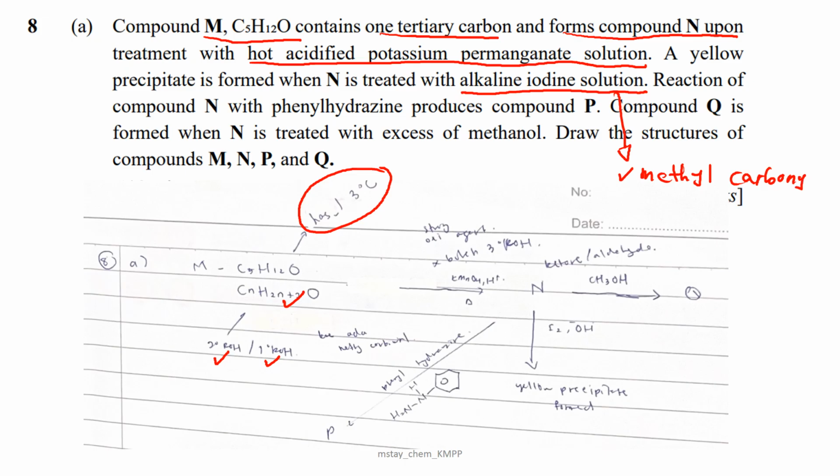If M is a primary alcohol, reacting with a strong oxidizing agent will produce carboxylic acid, which will not give the compound N with the methyl carbonyl. So from the second statement, we know that M is a secondary alcohol and undergoes oxidation. So basically N will be the ketone.